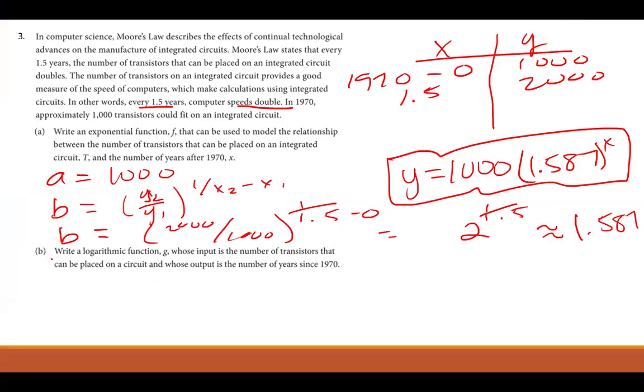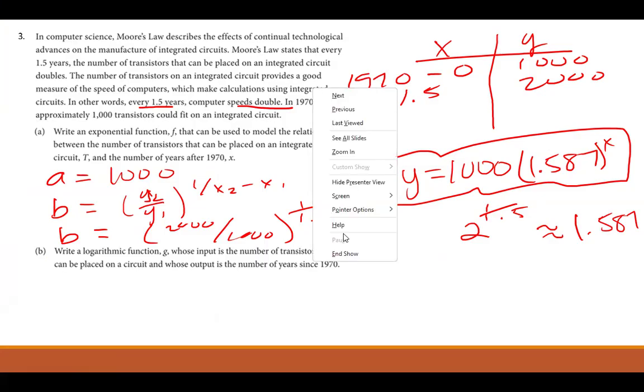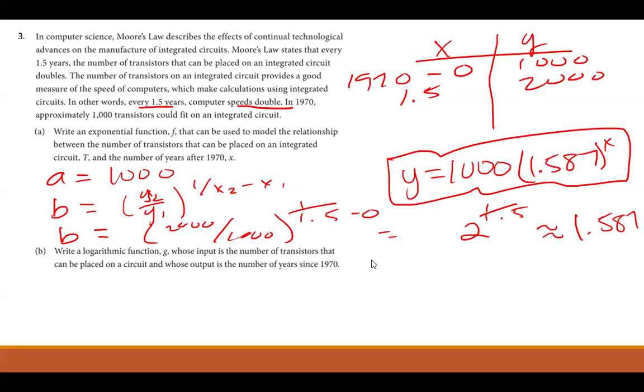So by hand, that goes back to us switching our X's and Y's. So you remember us switching our X and Y. So our X is currently here, Y is currently here. So to find it by hand, it becomes, I can write, X equals 1,000 times 1.587 to the X. I can't squeeze it in.